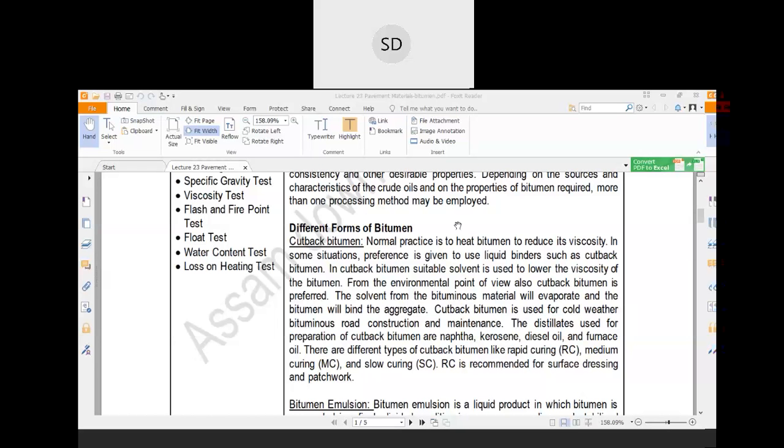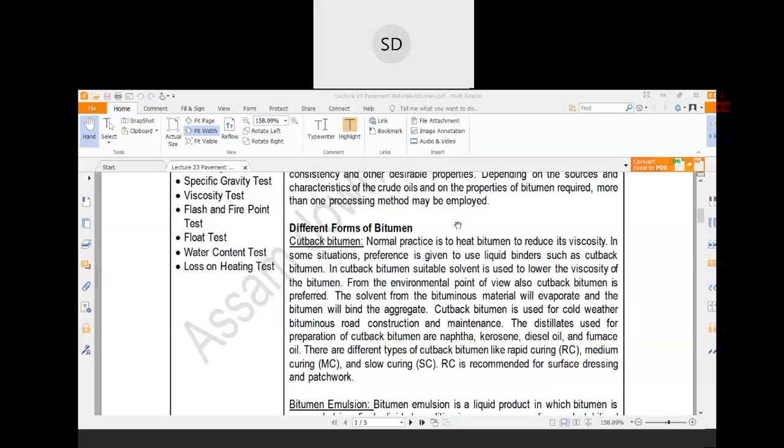Now, based on the volatile material, some volatile materials will evaporate very fast, or some will evaporate very slowly. So based on the nature of the volatile material, there are three types of cut-back bitumen, called rapid curing, where the curing is very rapid, then medium curing, and slow curing.